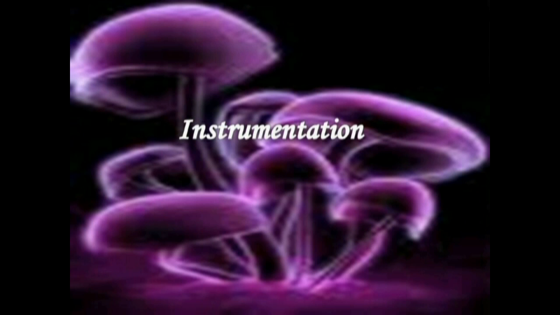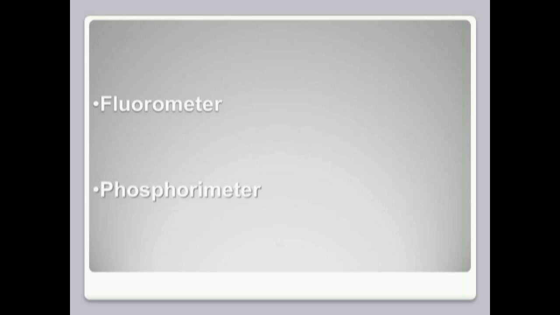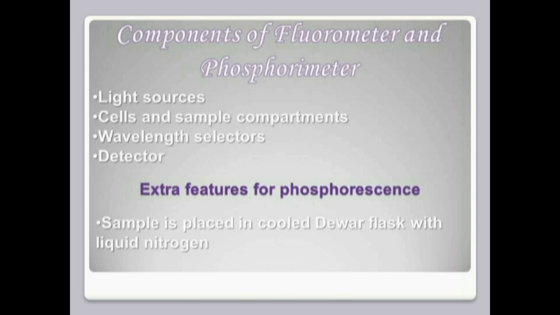Now I'm going to tell you about the instrumentation that can help us detect the presence of fluorescence and phosphorescence. First of all, the instrument used for measuring the intensity and wavelength distribution of fluorescence is called fluorometer, while the instrument used for detection of phosphorescence is called phosphorimeter.